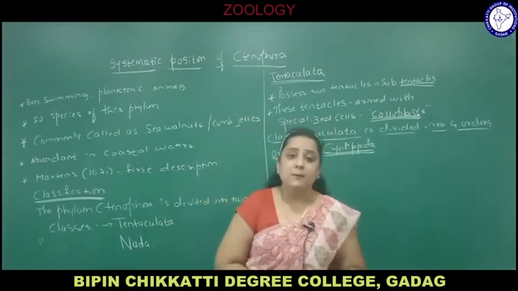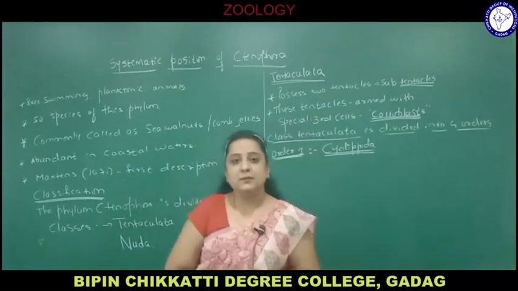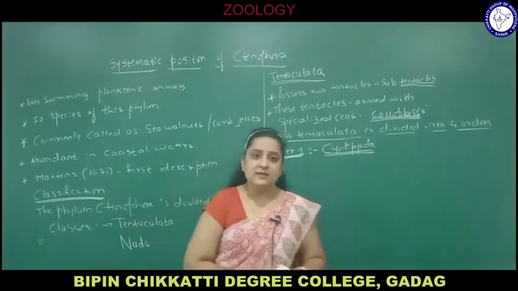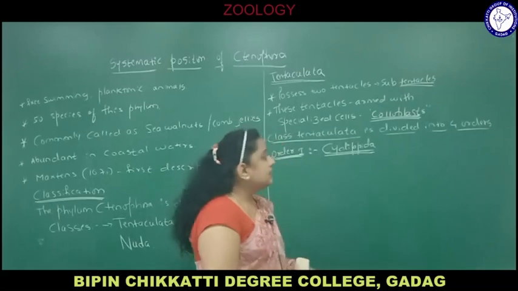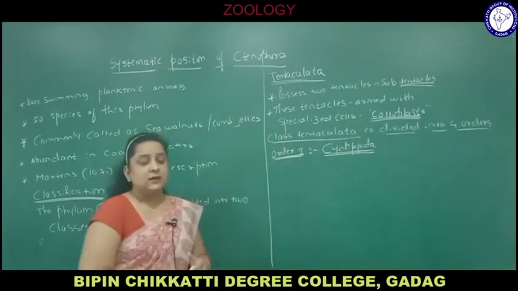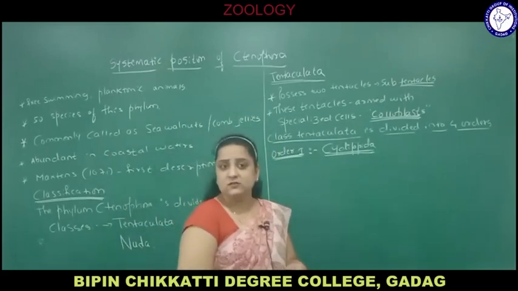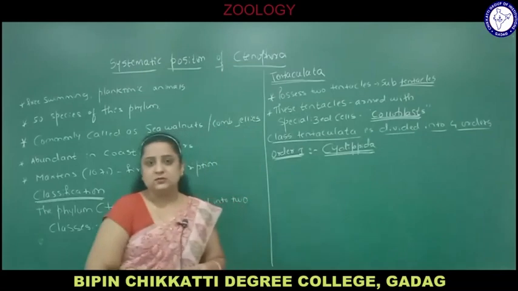Hermaphrodites are bisexual animals, organisms having both male and female reproductive organs, producing both gametes in the same individual. Their development is indirect through a larval stage. Development without fertilization of the ovule is called pedogenesis, which we had also seen.